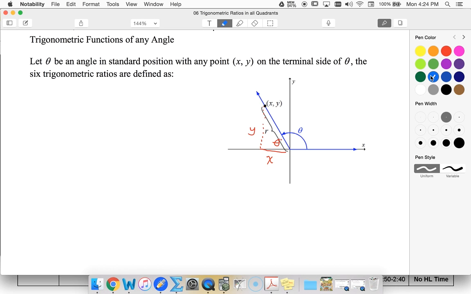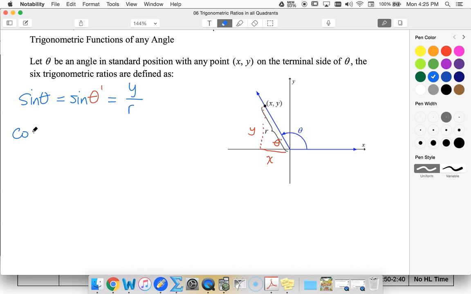So what I have is that sine of theta is going to be equivalent to sine of my reference angle, theta prime, and that's all going to be equivalent to, sine is opposite over hypotenuse, y over r. For this specific theta, my value will be positive because y is positive and r is positive.